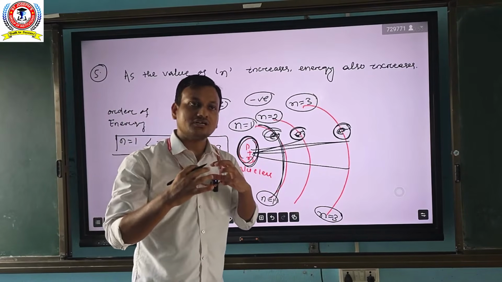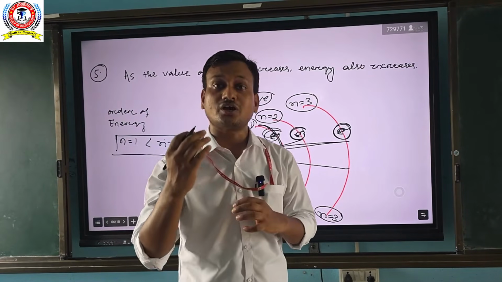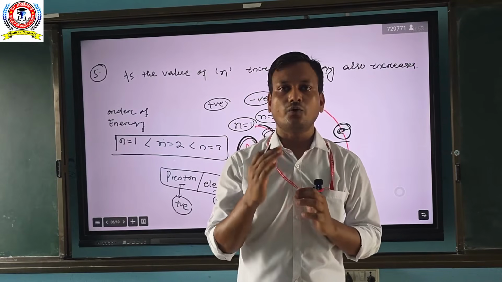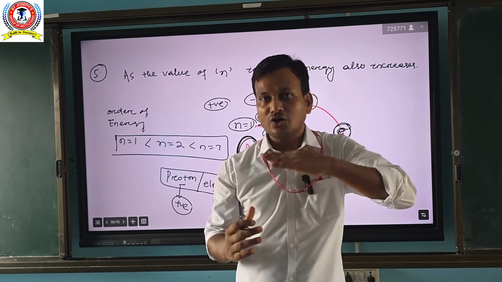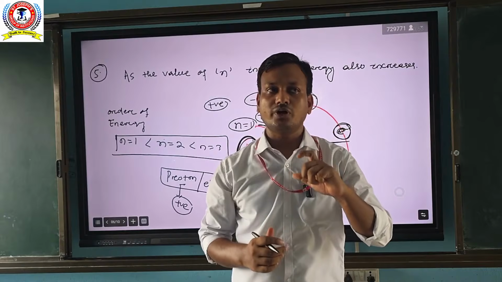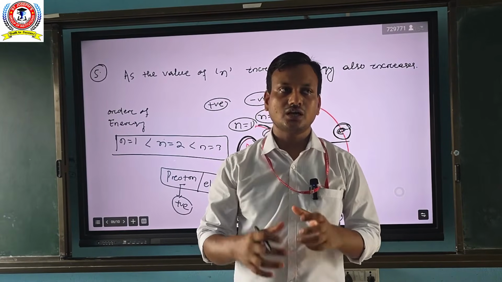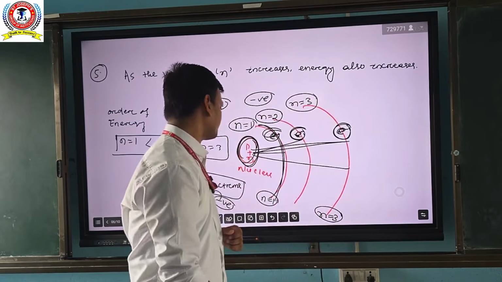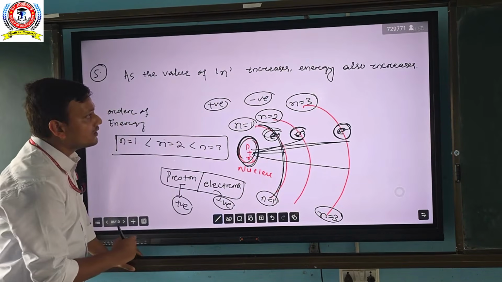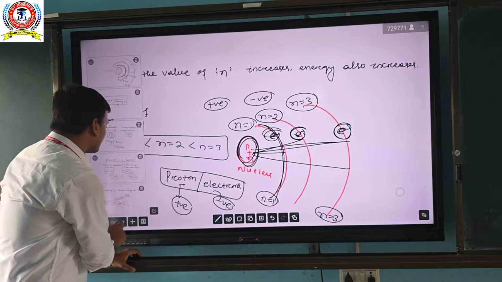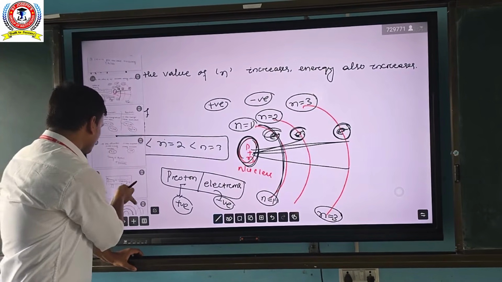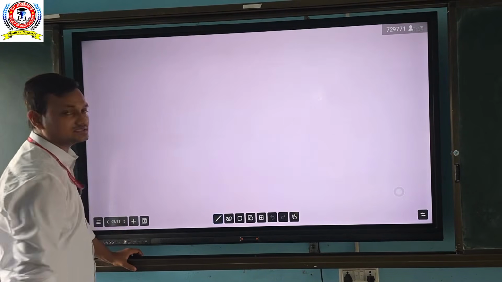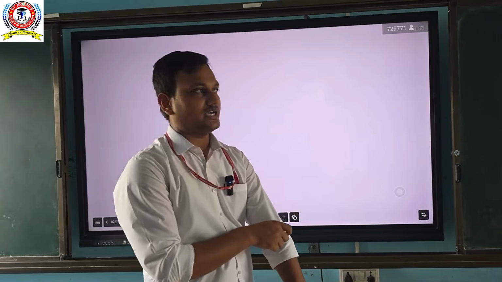When attraction decreases, repulsion increases, and when repulsion increases, the energy of the system increases. When the energy of the system increases, the stability of the system decreases. This is the negative point. This is the complete understanding of why, as the value of n increases, energy also increases.